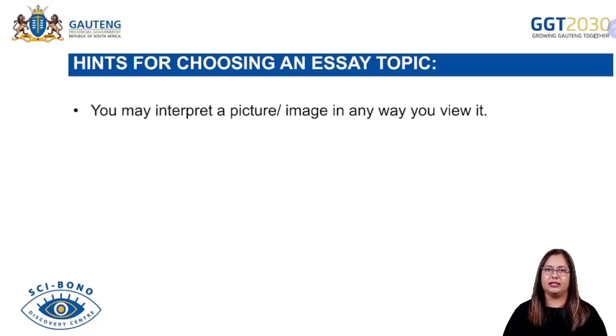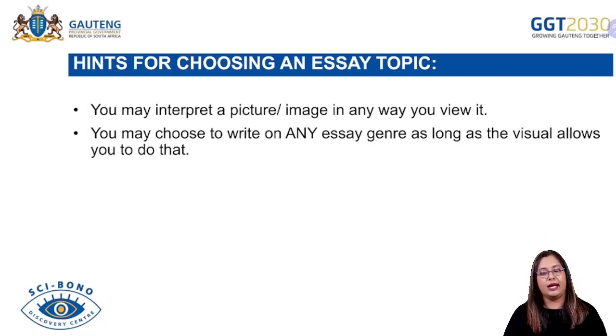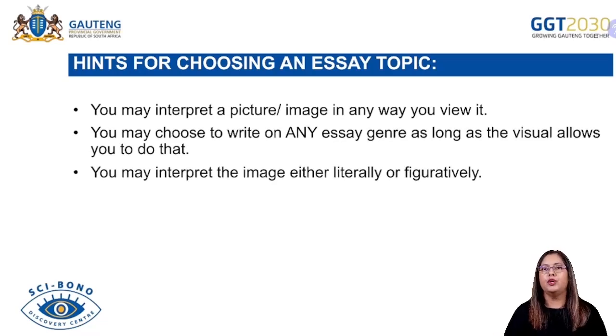So when we have the visuals given to us, here are some things you can look at. Please, you can interpret it, as I said, in any way you want to interpret it. Okay? You can also choose to write any essay as long as your visual is going to link to that type of essay. You can interpret this image either literally or figuratively. Now, literally means you see the picture of a dragon, maybe, and a little boy.